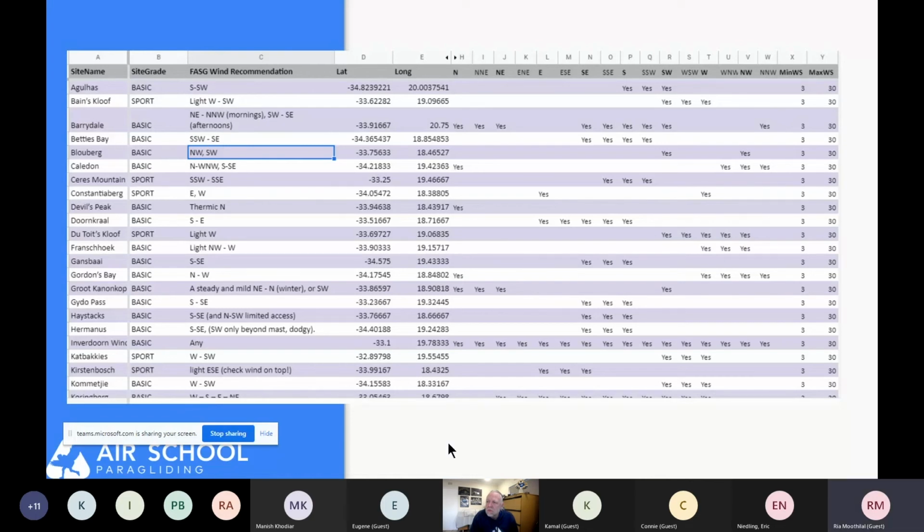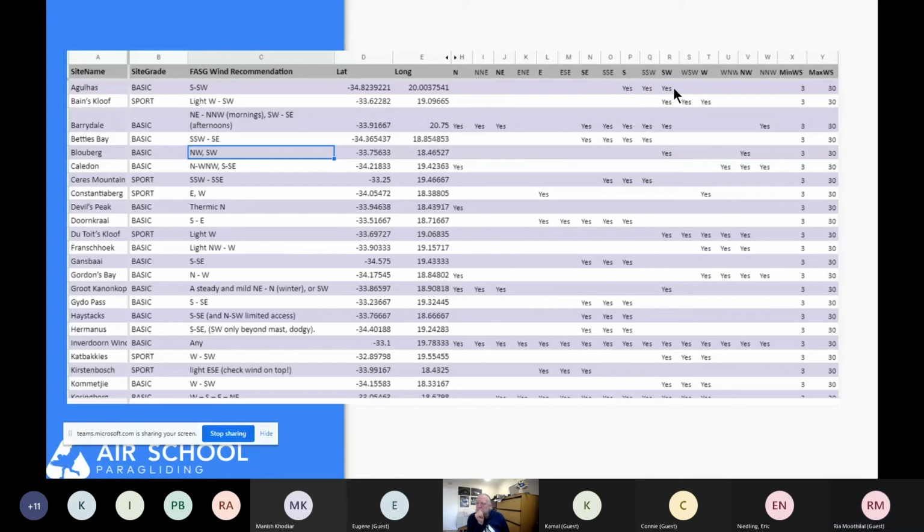We've got the latitudes and longitudes, which is done by scraping. And then what I did here, using this column, the directions that are acceptable, was a very crude way of saying yes or no for each direction. For this particular site, Agulhas, where we've got south to southwest, you can see the column headings over here are the various directions, and south, south-southwest, southwest would be a yes.